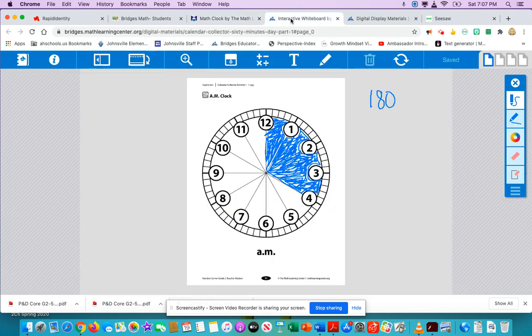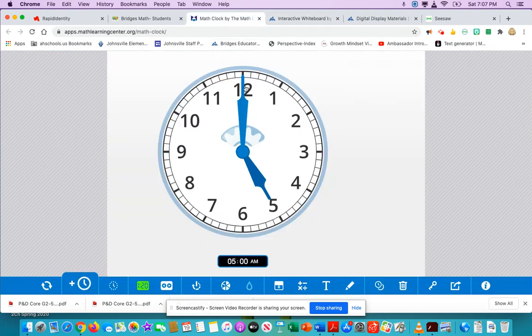Now on this screen, we are going to draw it in onto our clock. This one is similar to the one in the classroom, but it's on the computer instead. So we will just add those 60 minutes. We want this clock to look similar to this one. Notice how if we were to fill this one in, color it in, it would be colored all the way from the 12 down to the 5.